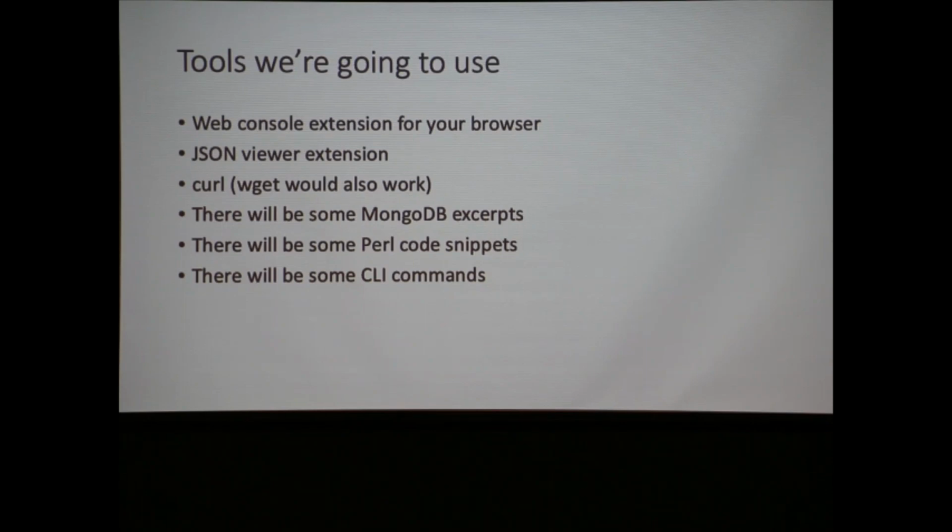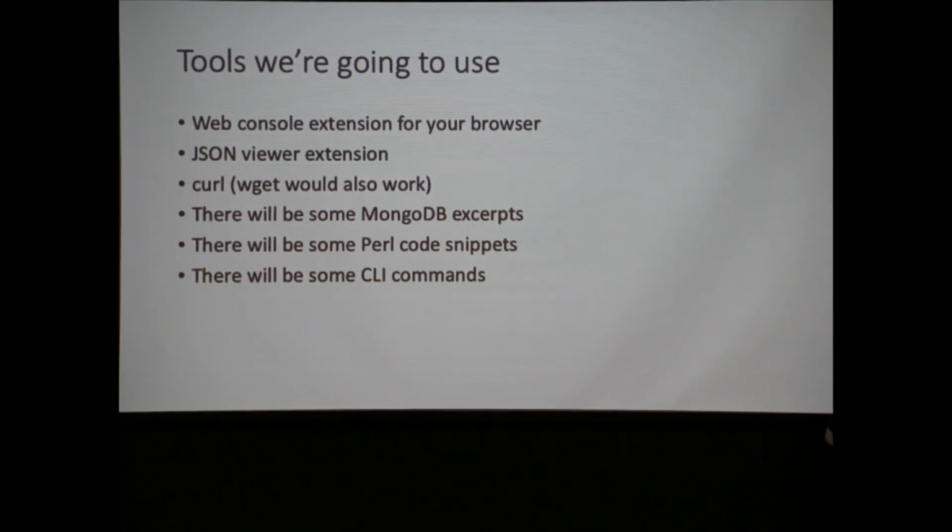The tools that we're going to use are the web console extension of the browser. I recommend using Firefox because I know exactly where the web console is, how it works, and how to extract data from it. But as far as I know, Chrome also has a web console, and maybe Explorer does.